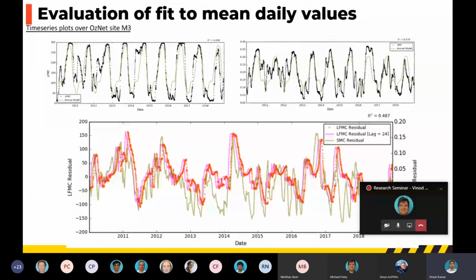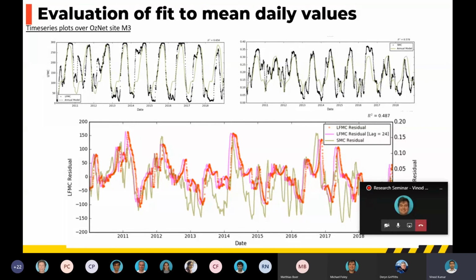Once you remove the annual cycle and compare the residuals between soil moisture content and live fuel moisture content, we can apply a linear regression model of soil moisture content to predict the live fuel moisture content. So we are using a linear combination of that annual model plus the model of the residuals to predict the live fuel moisture content at each location.